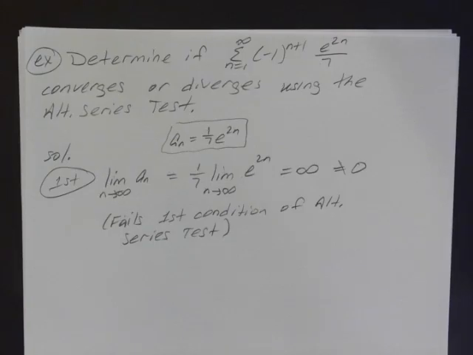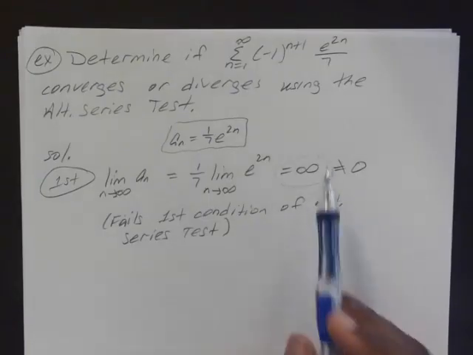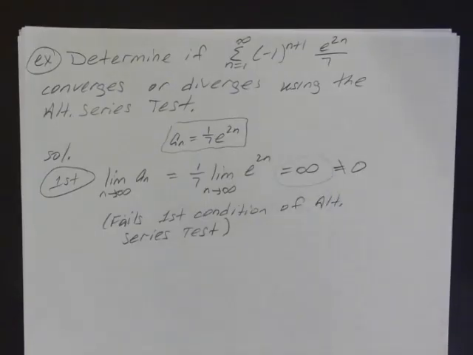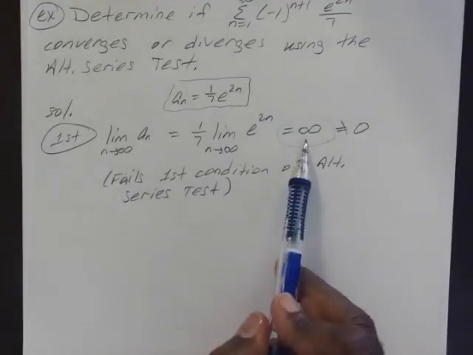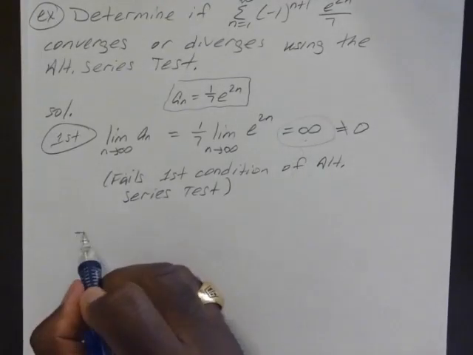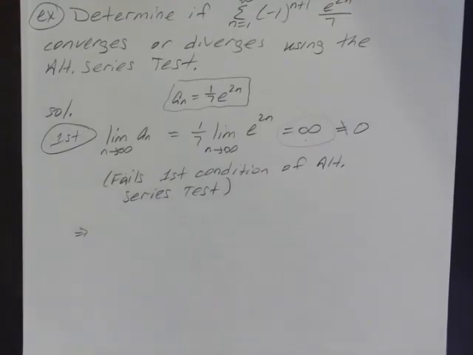And really, if you have the test for divergence known or memorized, you can just tell by your answer here whether or not it converges. So usually that's my go-to, the test for divergence, whenever it fails.